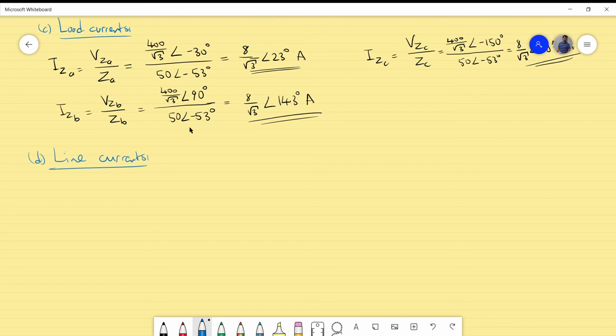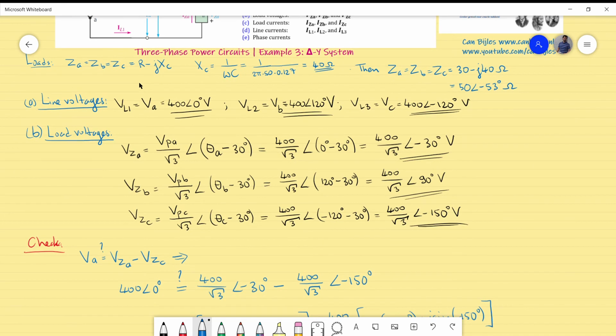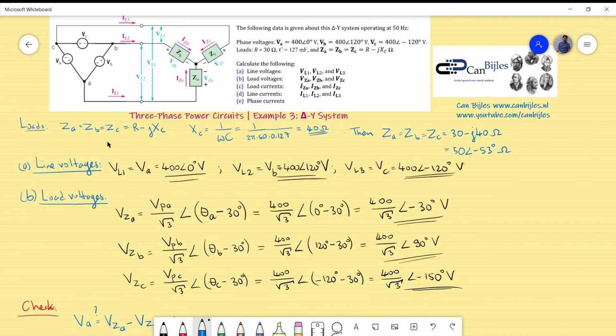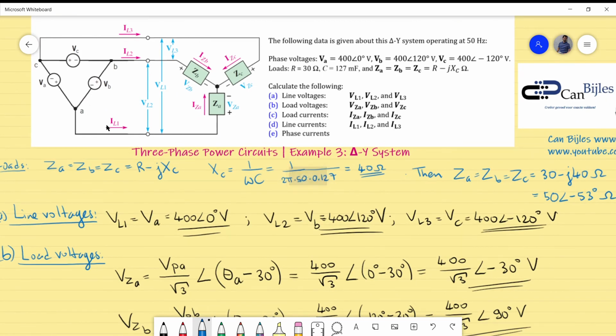Line currents, what are the line currents? IL1, IL2 and IL3. These are the line currents as shown here. Let me zoom in a little bit. IL1, IL2 and IL3. And you can already see this is actually the same expression as for the IZ of A. So if you know the IZ of A, yes, we know because we already calculated it in part C, so we can equate them to each other.